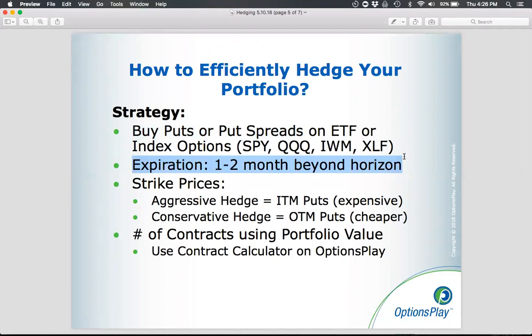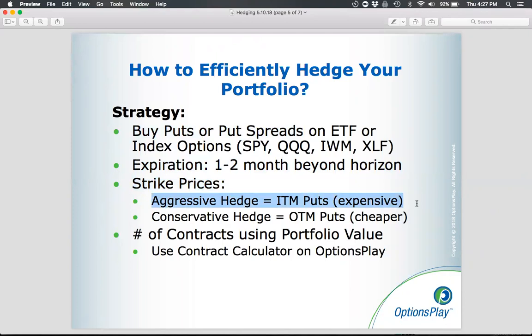When it comes to strike prices, it really depends on how aggressive of a hedge you need. If you want as close to a dollar for dollar hedge as possible, a very aggressive hedge, you want to buy in the money puts. This is generally more expensive than a more conservative hedge.